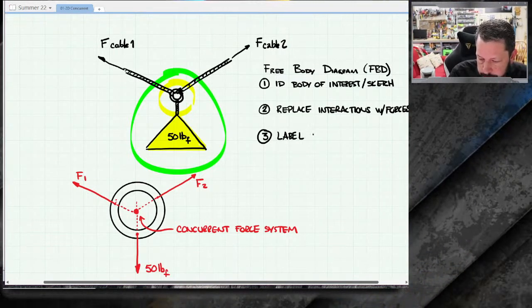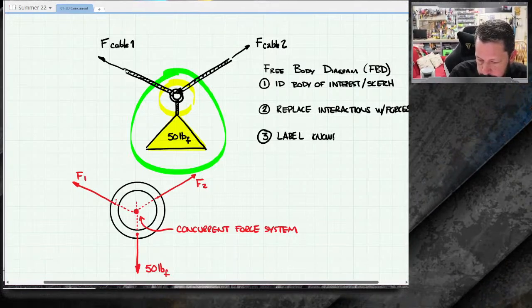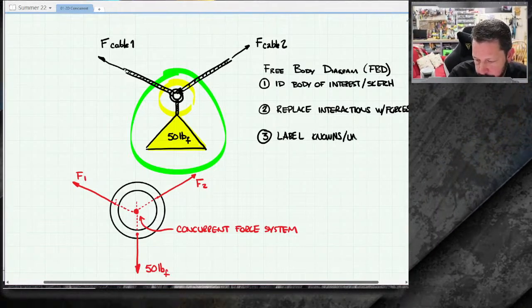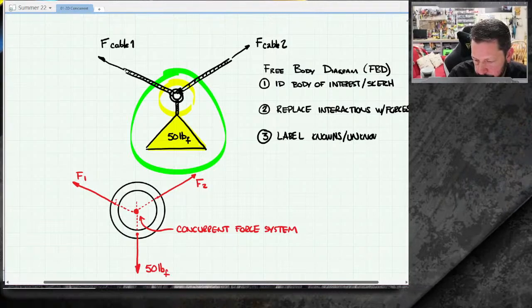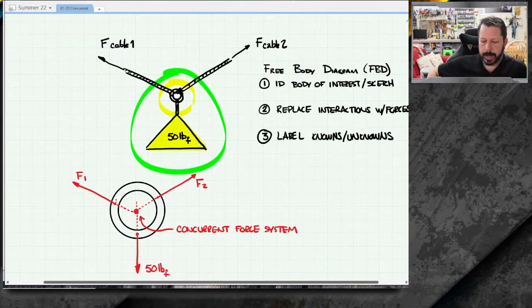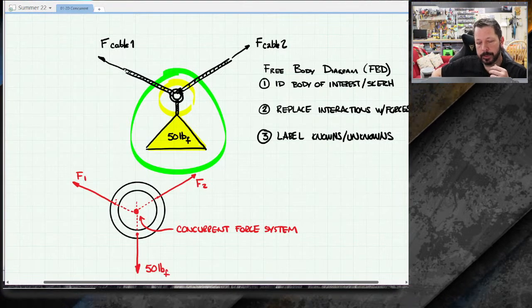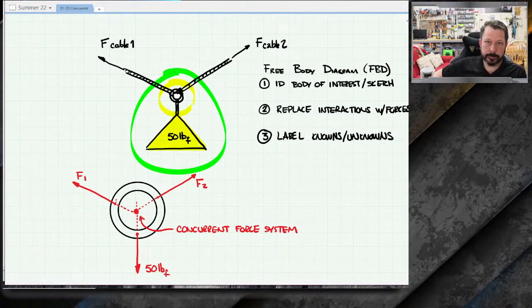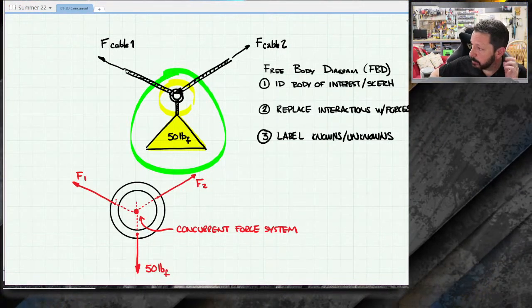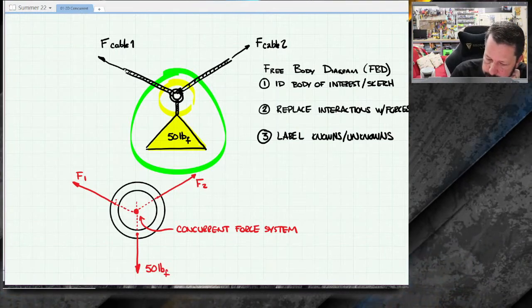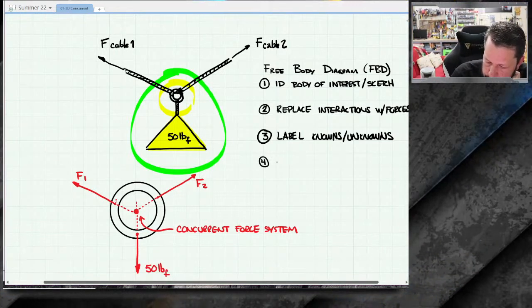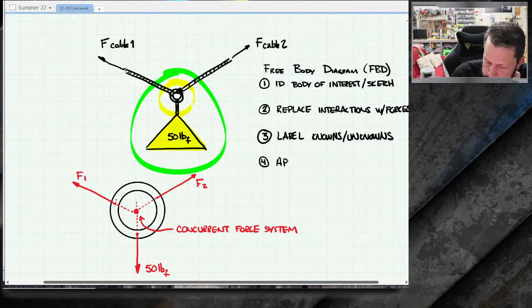All right. Now, and we've kind of already done this, label knowns and unknowns. I knew the 50-pound force, and I didn't know F1 and F2, so I gave them variable names, F1 and F2. This would probably be a good time to apply a coordinate system.